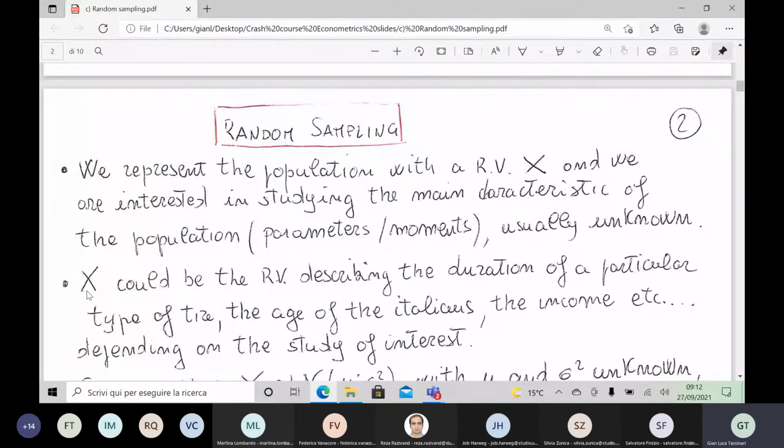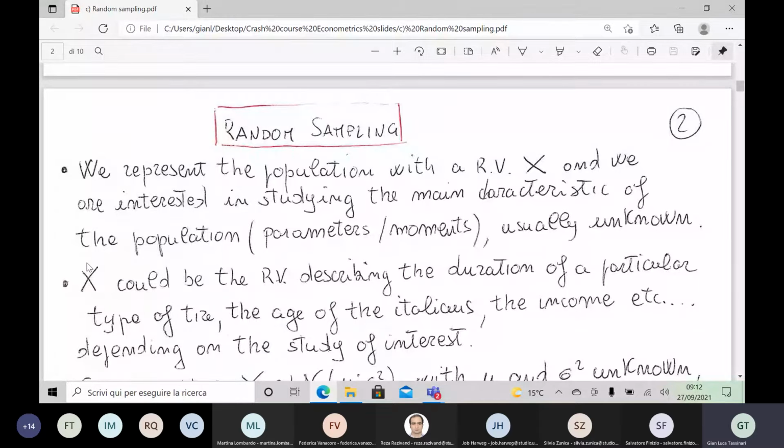Or it could also be the income of the Italians, because the value assumed by X depends on the particular Italian you select. A particular Italian has an income, another Italian citizen has another income.